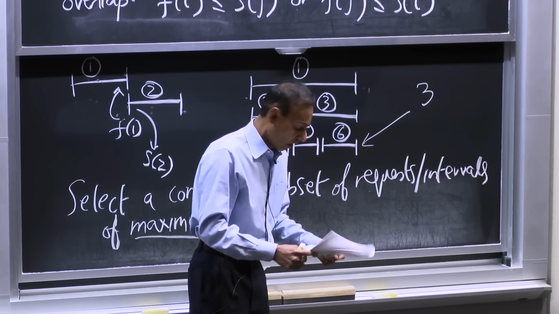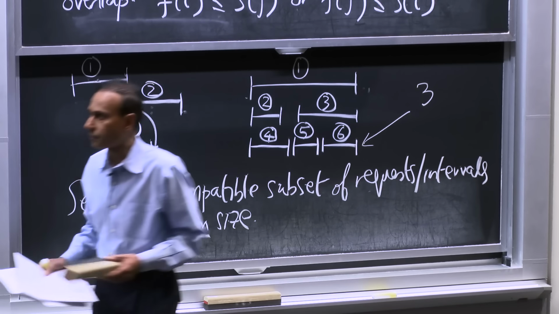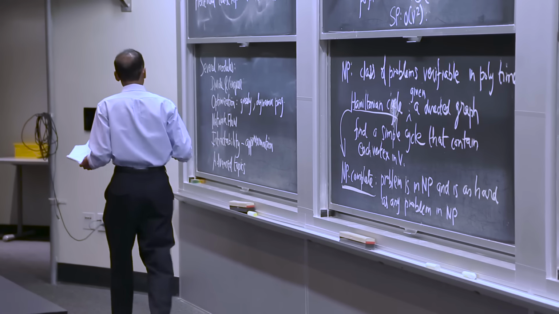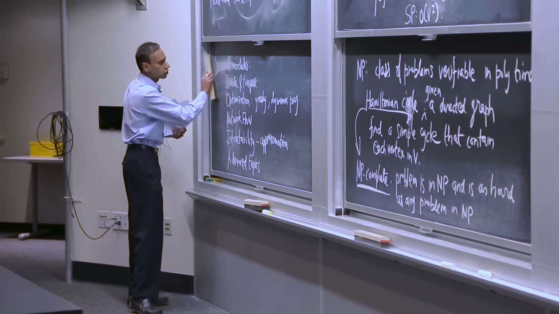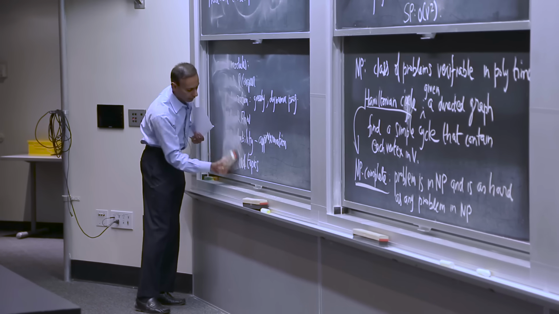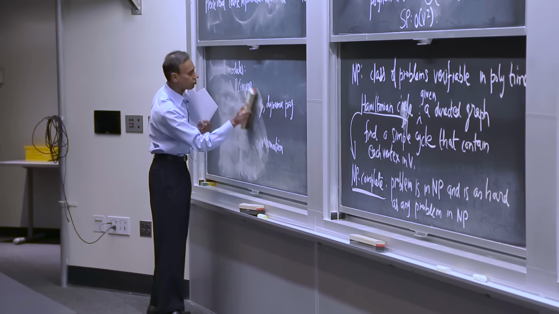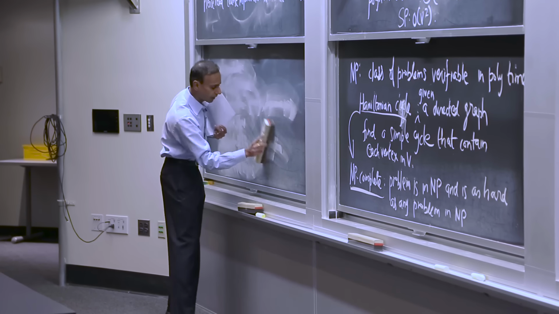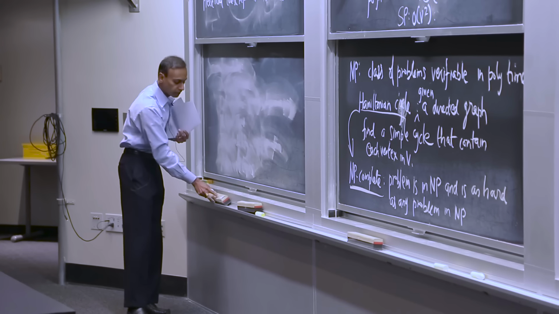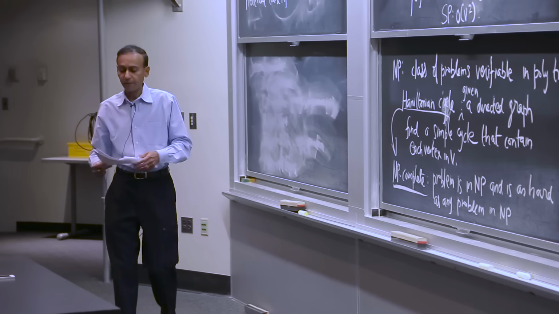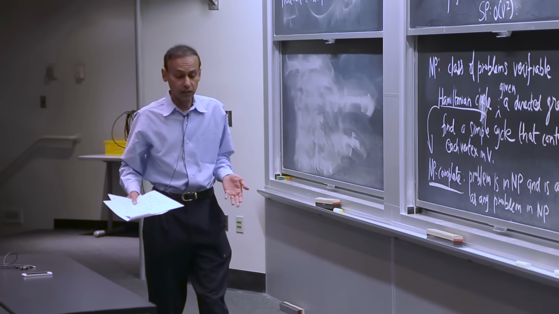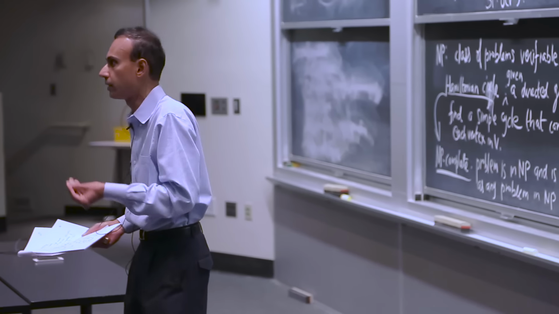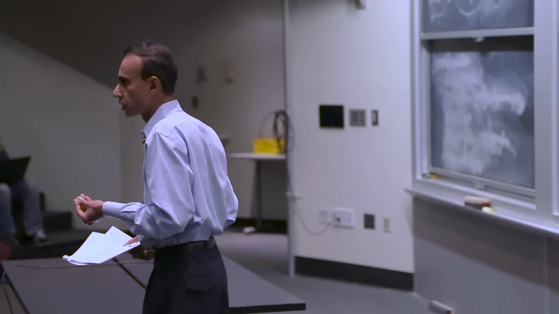Now, we're going to spend the next few minutes talking about a greedy strategy for solving this particular problem. We don't know if the greedy strategy is going to always produce the maximum size or not. In fact, it depends on the particular greedy heuristic, the selection heuristic that a greedy algorithm uses.